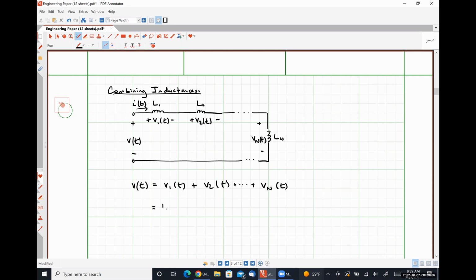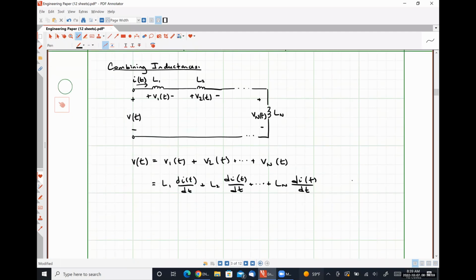And so this is going to look like L1 di by dt plus L2 di by dt all the way out to L sub n di by dt.